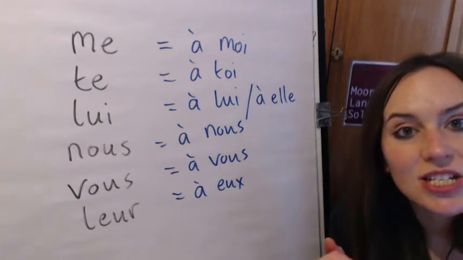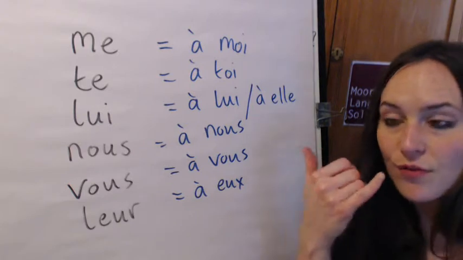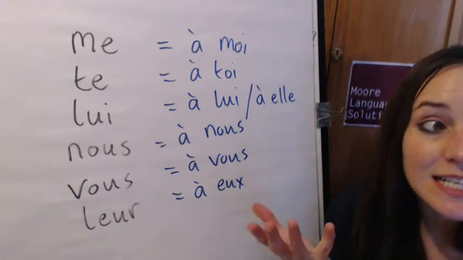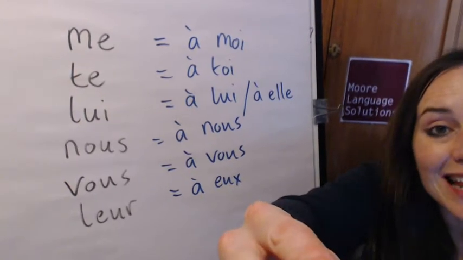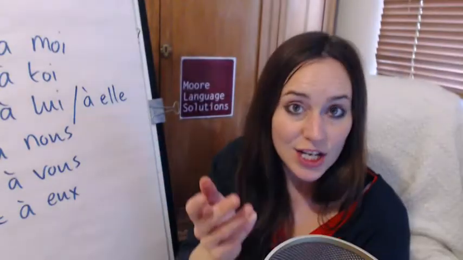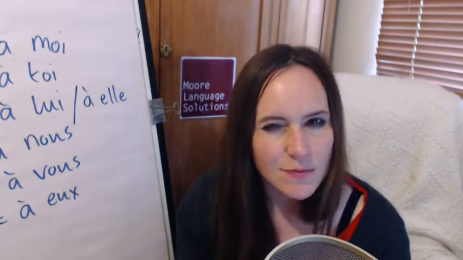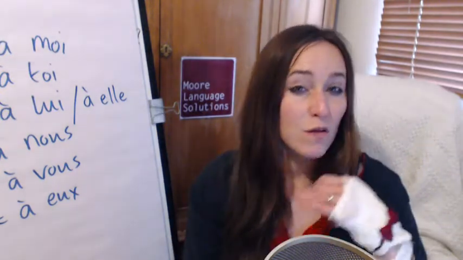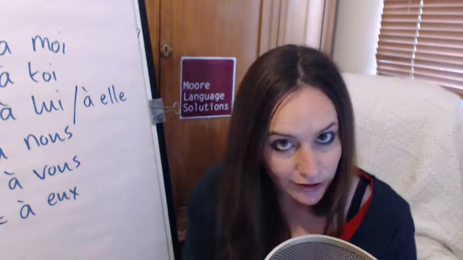Je lui achète. Je lui parle. Je lui téléphone. Je lui dis la vérité. So, in that sentence, je lui achète des fleurs, the lui bit can actually mean for him, for her, or to him, or to her, right?